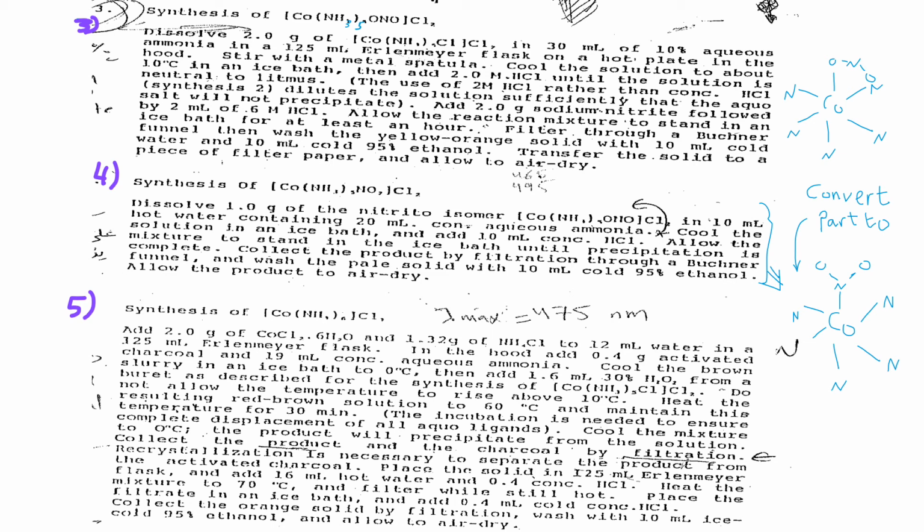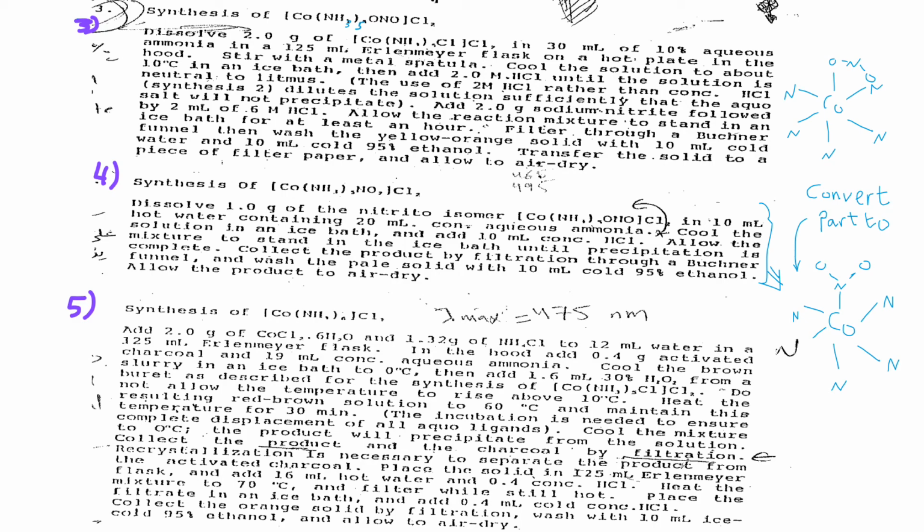You change the bonding from O to nitrogen down there, so the delta value becomes larger, and you have stronger binding through NO2.